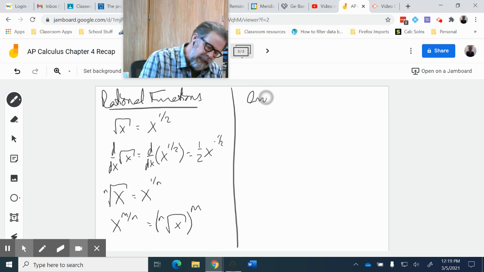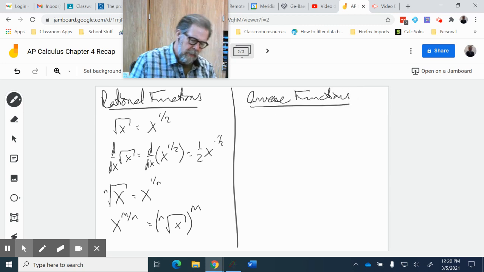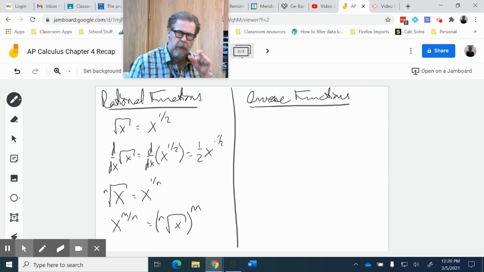And finally, last thing for this quick video, inverse functions. I'm going to post up a separate video that I'm going to clip out of a discussion we had in class yesterday about finding the derivative of an inverse function.